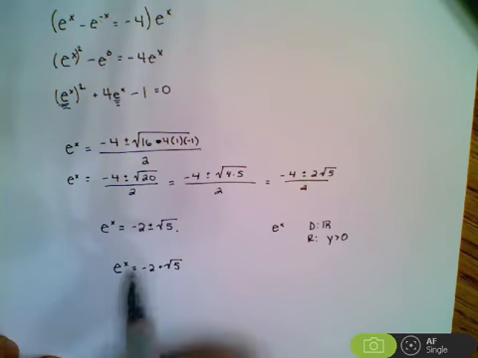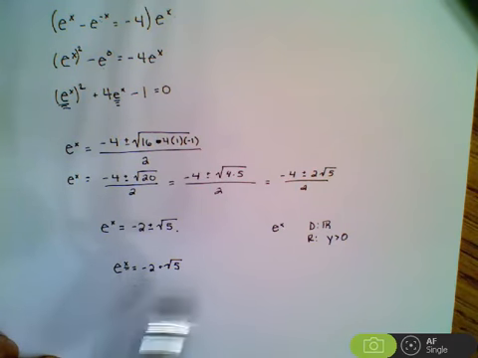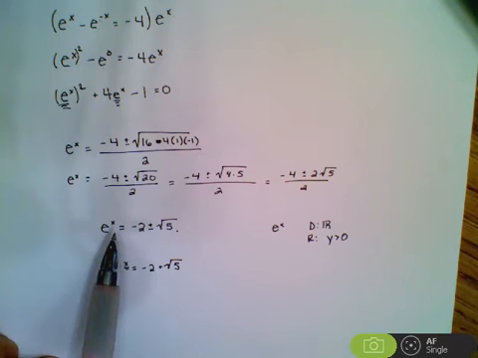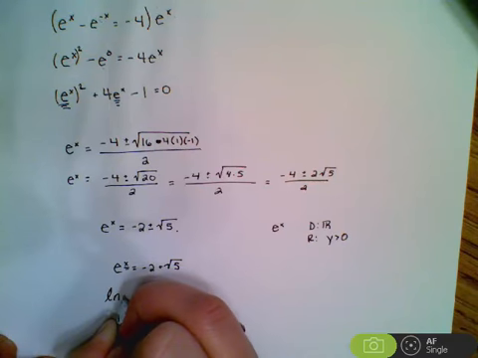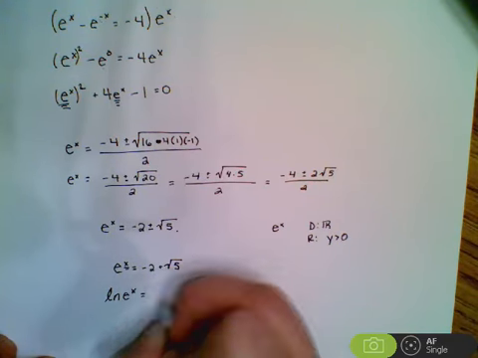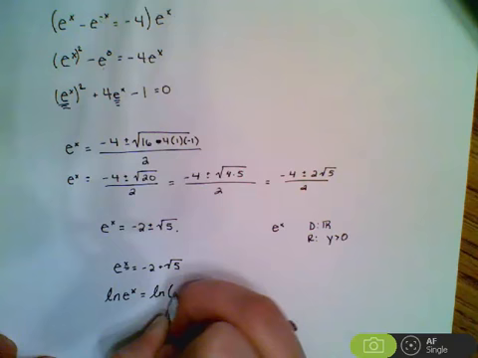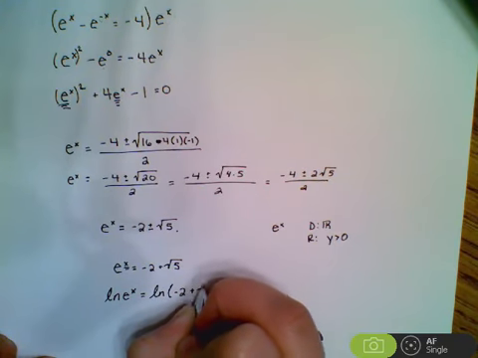Now I'm dealing with an exponential function again. My variable is my exponent, so to get rid of that I can use logs or natural logs. Well here, since I'm dealing with e, I'm going to use the natural log because that undoes everything. So I get the natural log of e to the x equals the natural log of negative 2 plus the square root of 5.